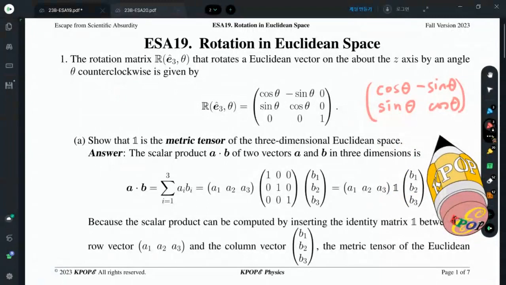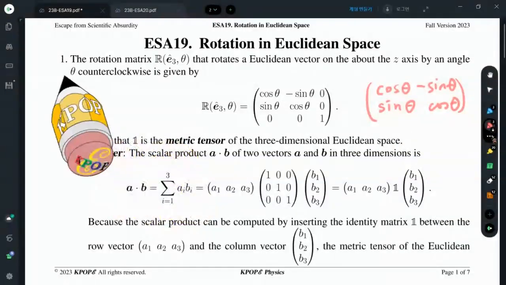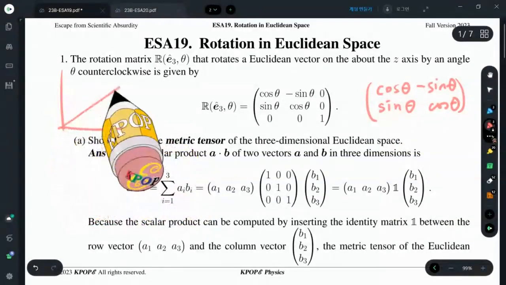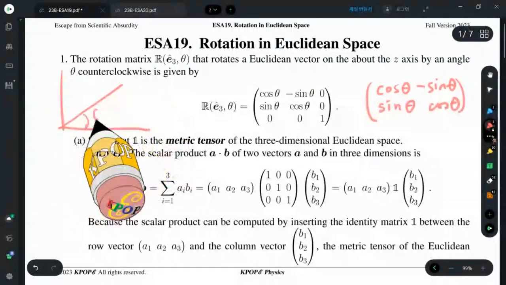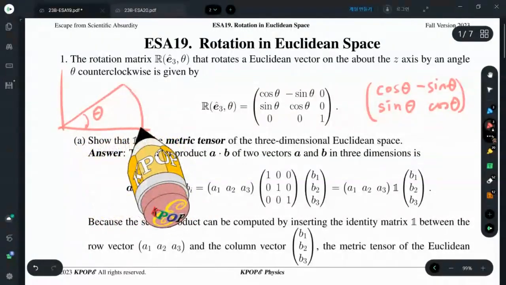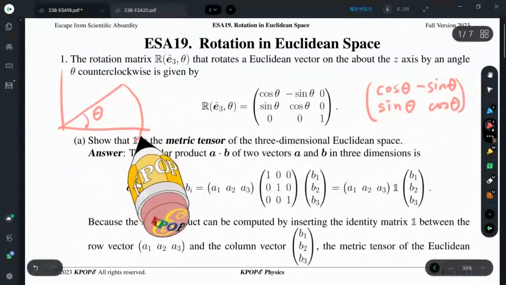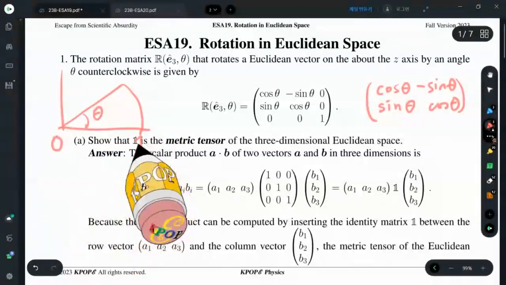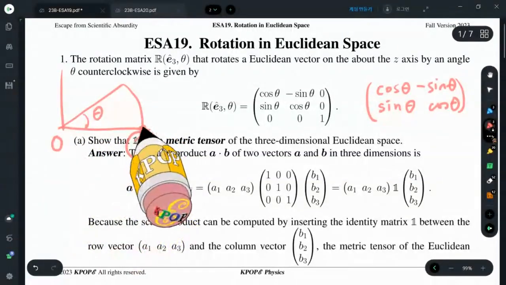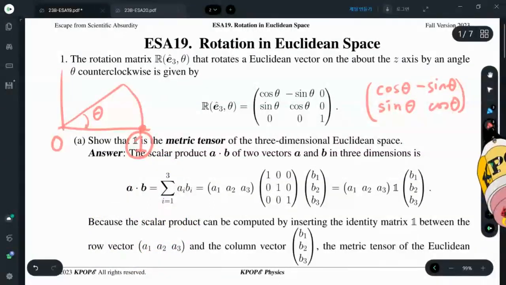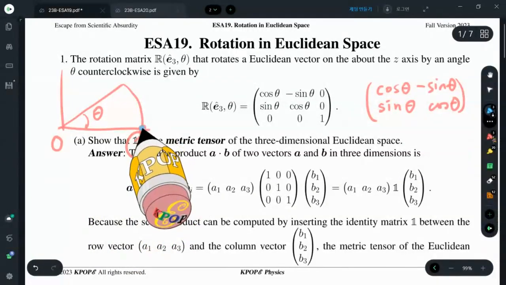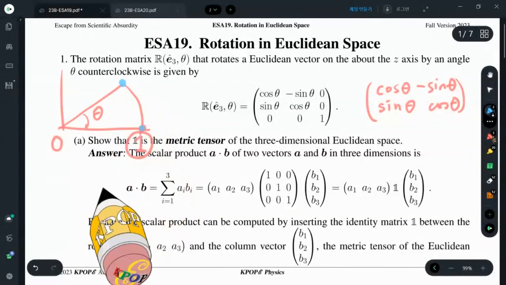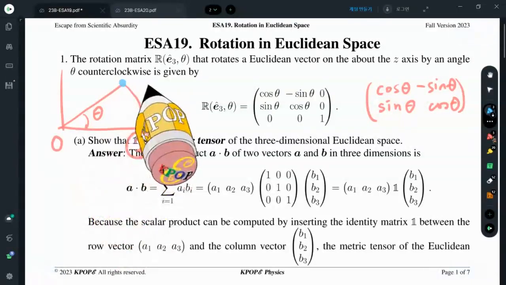If you forgot everything, don't worry. Just remember angle theta, and remember how this point transforms under rotation. Under rotation, it transforms into this point.